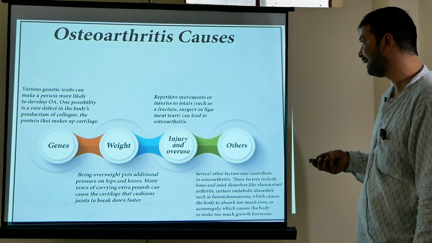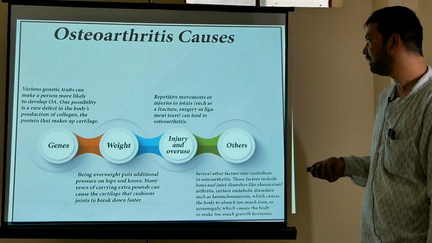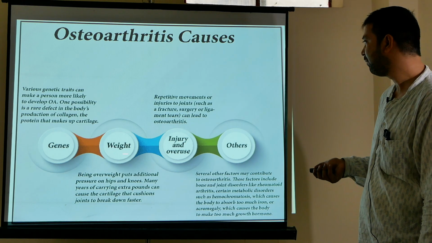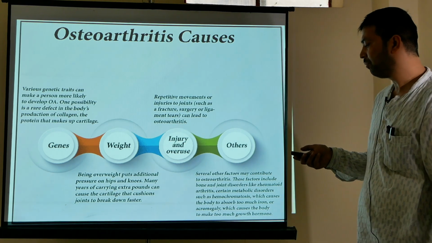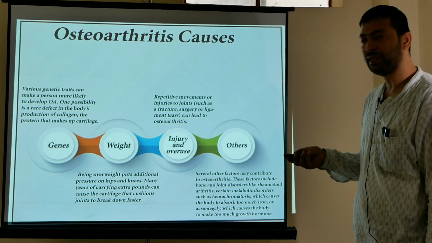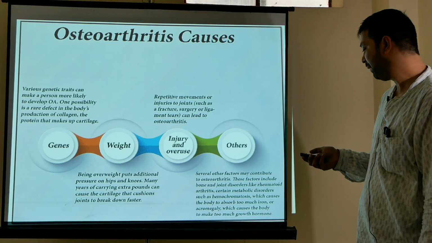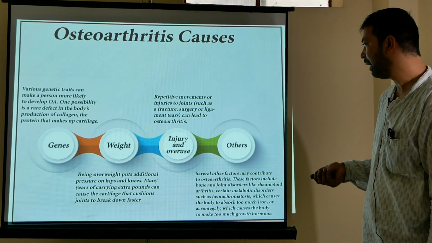Osteoarthritis has many causes, mainly genetic factors, weight bearing factors, injury and overuse, and others. Genetic factor: there are some genetic deformities that reduce collagen formation in the joint. Weight bearing joint: being overweight puts additional pressure on the hip and knee.